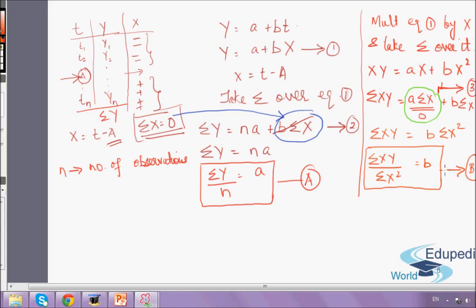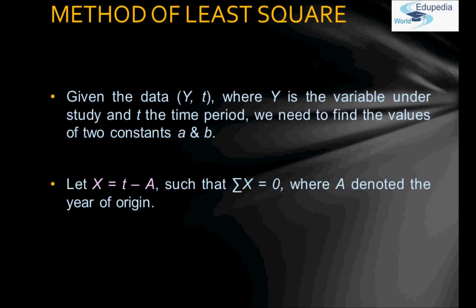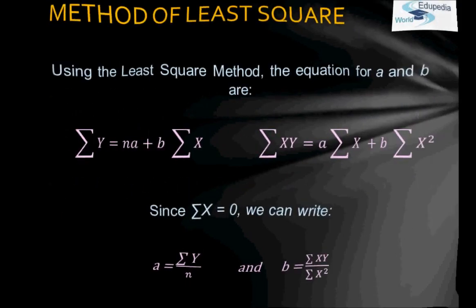Alright, so here we have both the constants a and b, and we can easily find the values of both of these. The summary of the formula is what we have here.